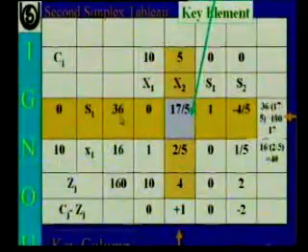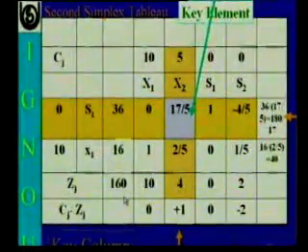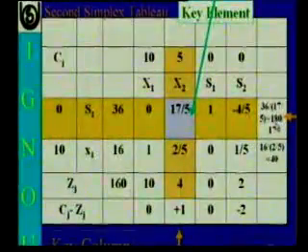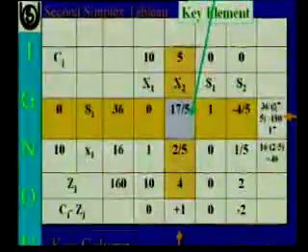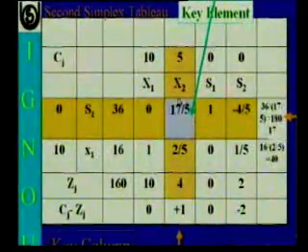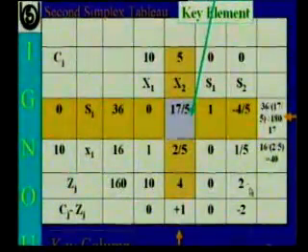And if we divide this number 36, 16 and 160, this is the contribution column, so we will get 180 by 17 and this. So 180 by 17 is less, therefore this will be our key row, and it is intersecting with the key column on this number, so this will be our key element.